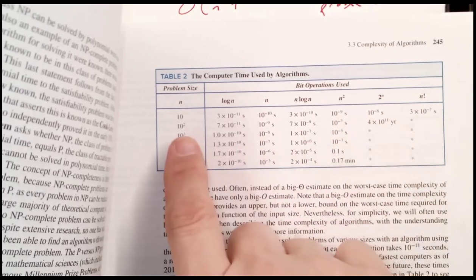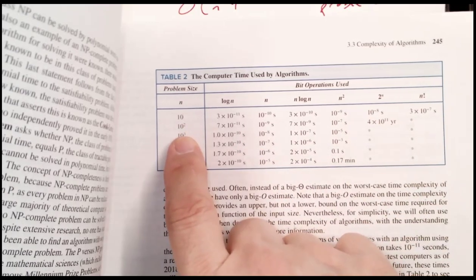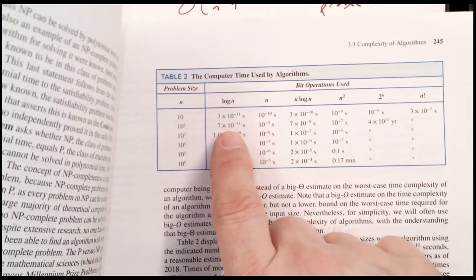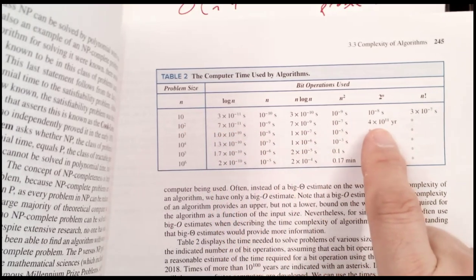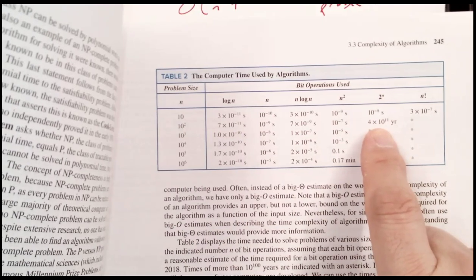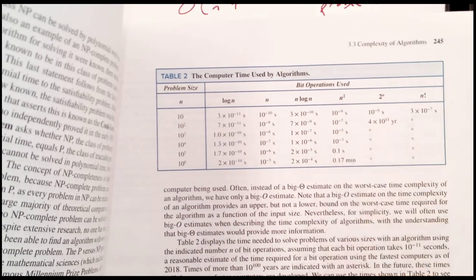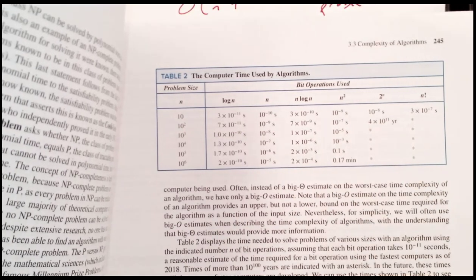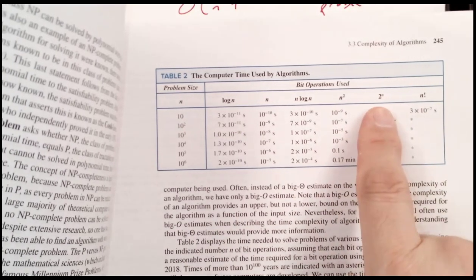If I move from 10 items to 100 items, this is now 7 trillionths of a second. This is now 4 billion years. Sorry, 400 billion years. Just from going from 10 items to 100 items. That's how huge these are.